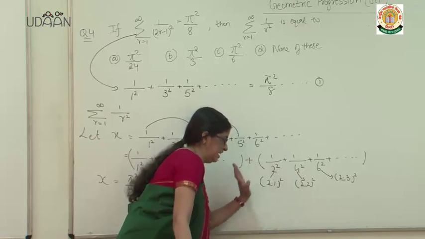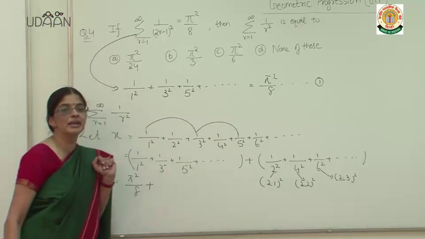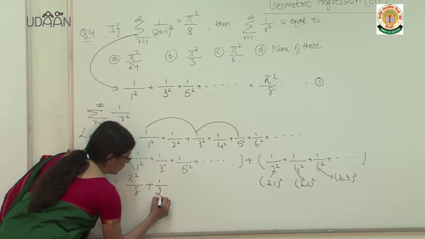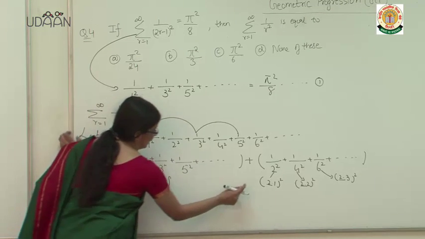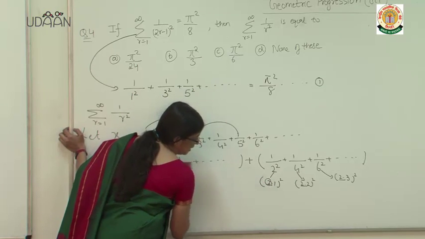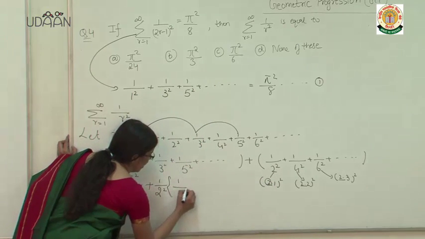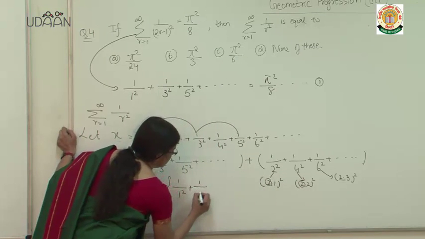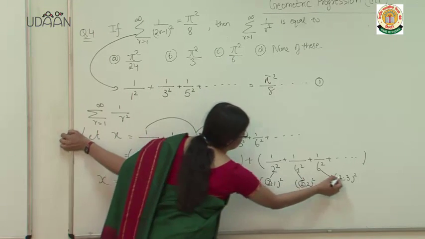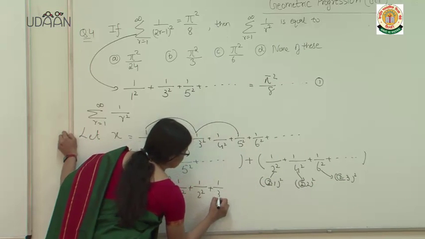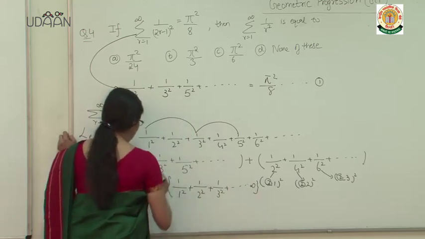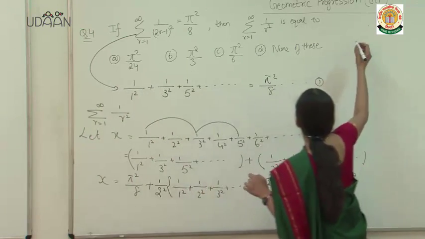That means when we take the terms outside the bracket, we will be getting 2 square. So I am taking 1 by 2 square out from the second bracket. This 2 we have taken out. We are left with 1 by 1 square, 1 by 2 square plus 1 by 3 square plus etc. up to infinity. Let's do the calculations here.